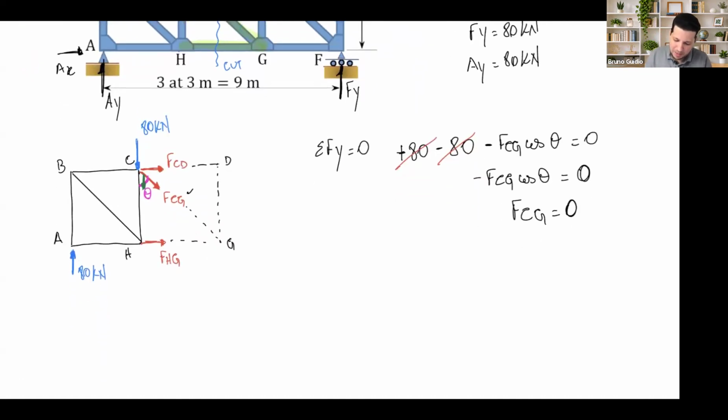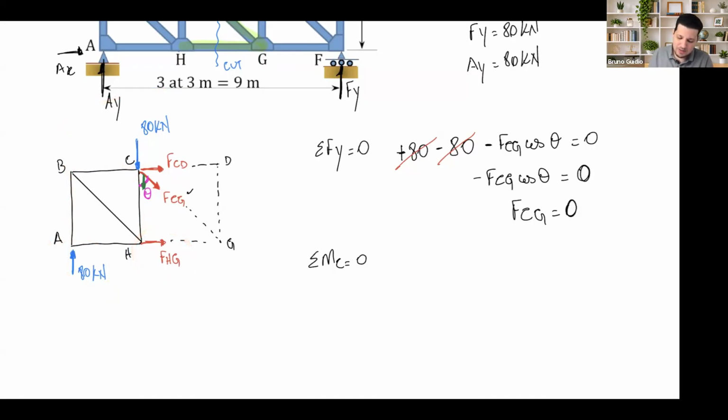What I said, the moment about C. So we can find FHG. So moment about C, take a look. Let's analyze together. 80, not doing any moment. FCG, FCB, no moment. FCG, no moment, but anyway, it's 0, so doesn't matter. 80, yes, moment, times 3, negative.